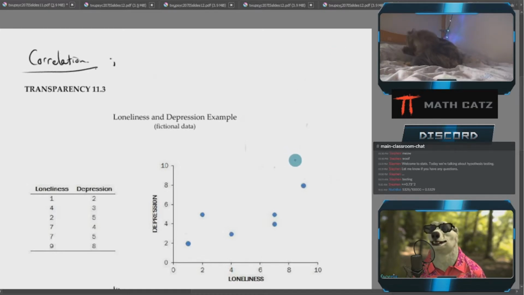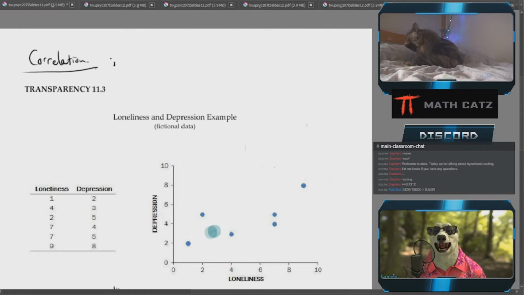So if you remember what we talked about in correlation, our very first example, where we compared loneliness and depression, a follow-up to that is when we look at these data points and we look at a suspected correlation, whether it's significant or not, that's something we do need to check in this process.